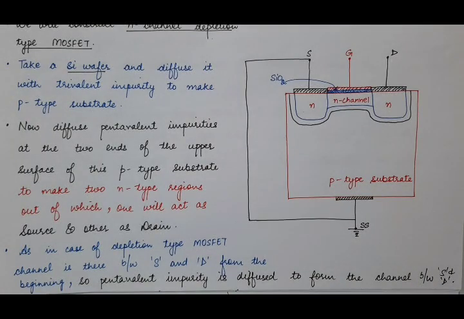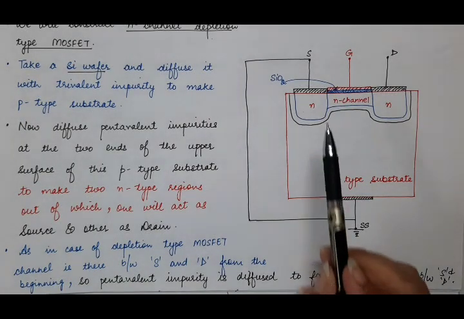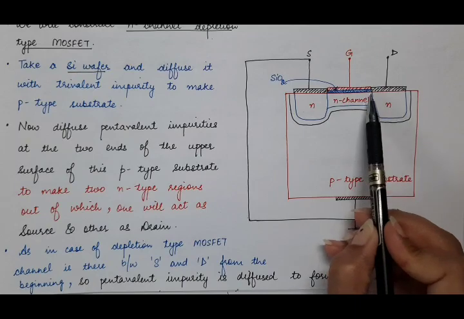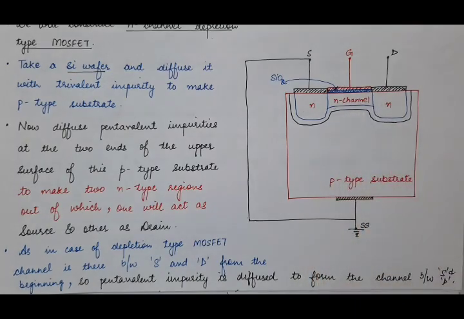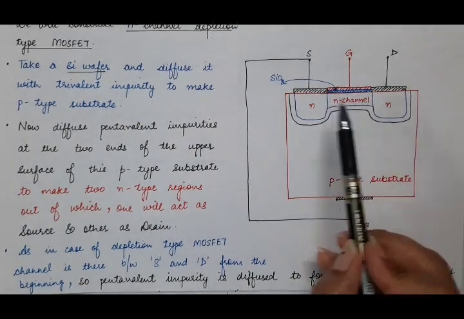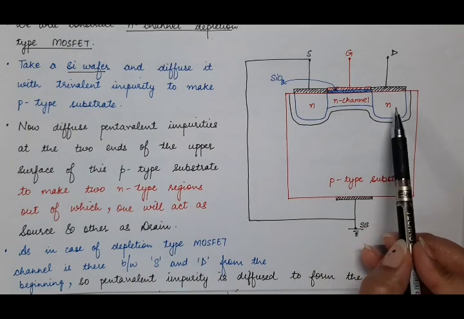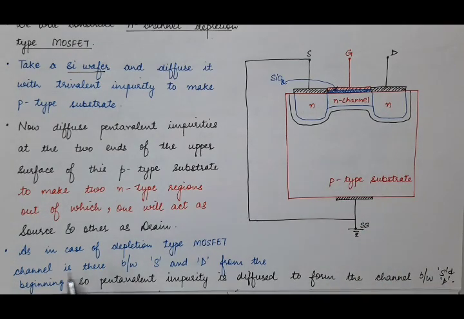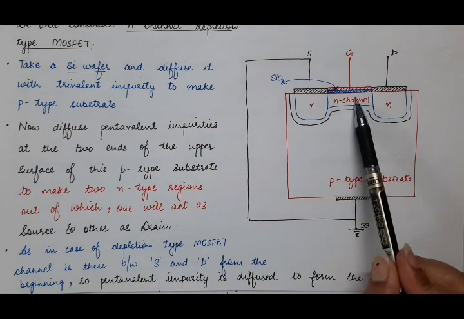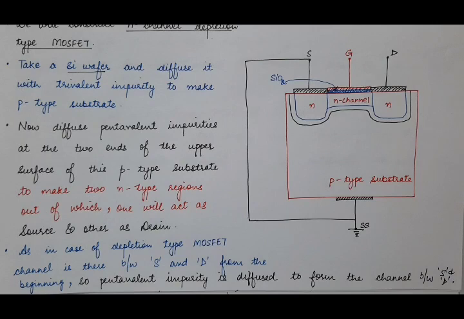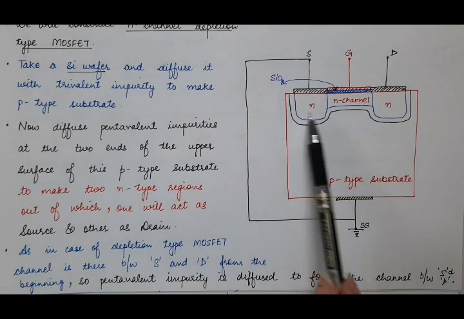So here we will develop channel between source and drain by diffusing pentavalent impurity in between source and drain. As the channel is already there from the very beginning, that is why pentavalent impurity is diffused here to form the channel between source and drain.